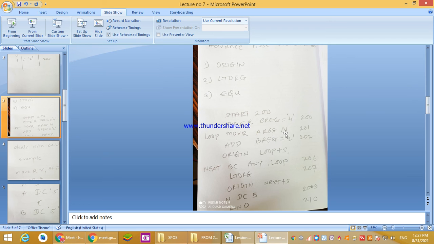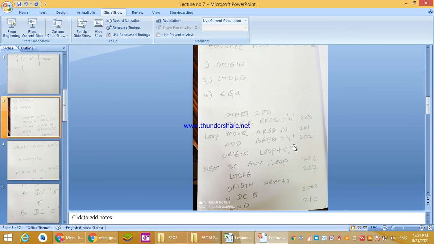Move reg register, N. Here N is a constant given, and it is stored at memory location 201. Immediately next line is add breg is equal to 2. This is a general example, don't get confused.